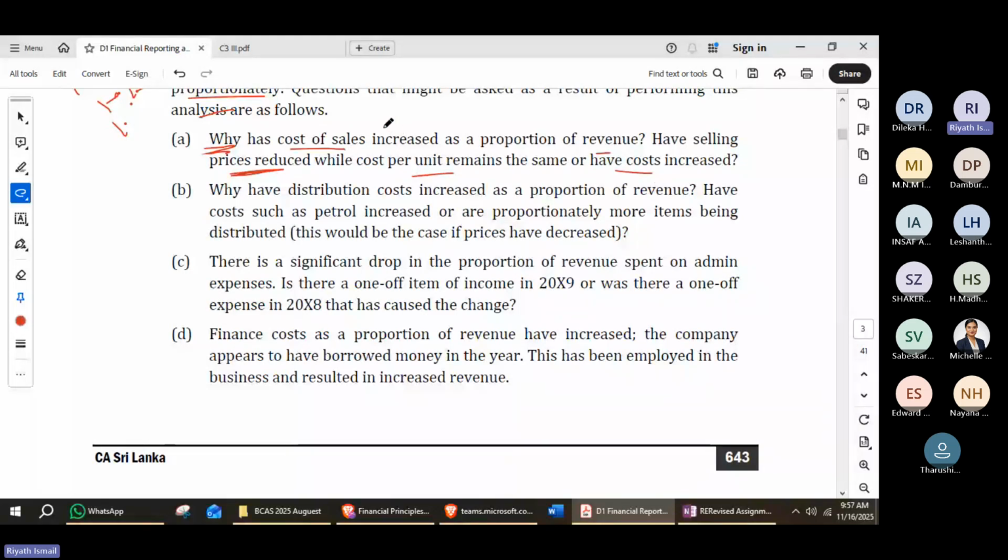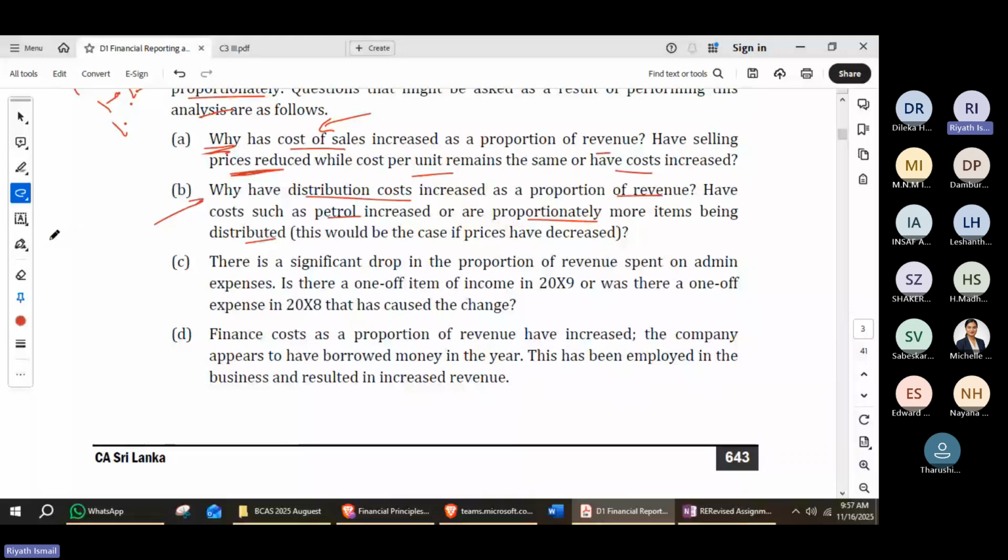They have to investigate the cost of sales aspect. Second, why has distribution cost, something like advertisement, increased as a proportion of revenue? Have costs such as petrol increased, or are proportionally more items being distributed?